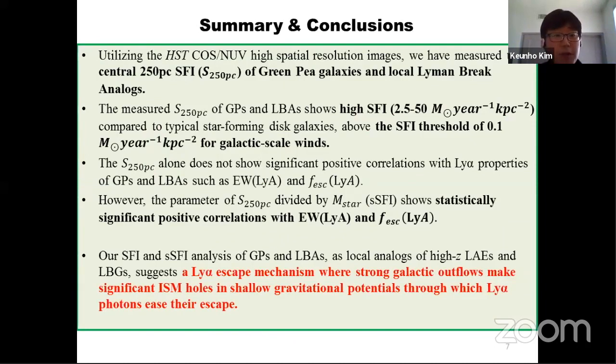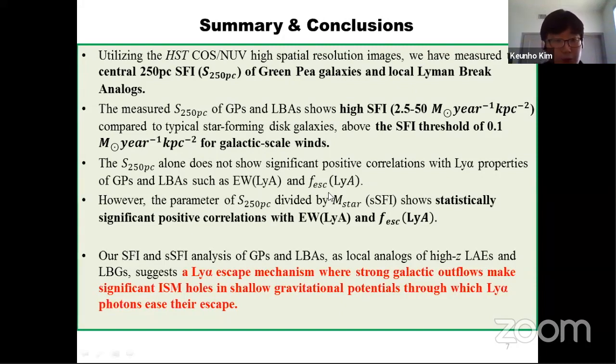So the summary is, by fully utilizing the physical proximity of local analogs, Green Pea galaxies and Lyman Break Analogs, as well as the high near-UV spatial resolution images, we've measured the uniform central 250 parsec star formation intensity of these local analogs of high redshift Lyman alpha emitters and Lyman Break galaxies.